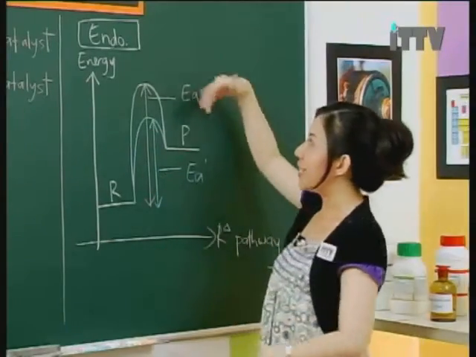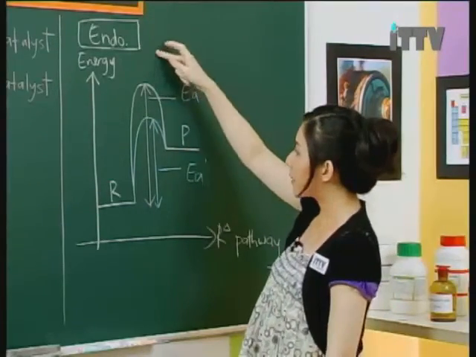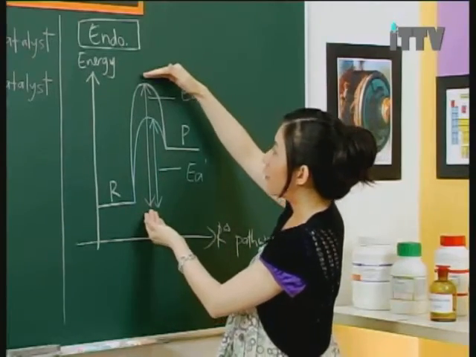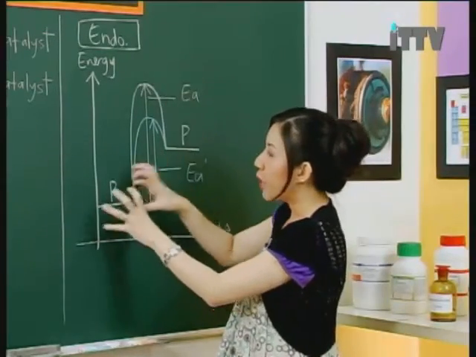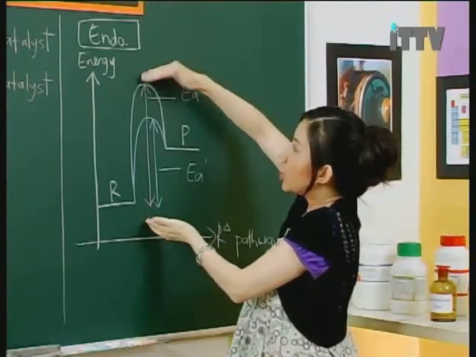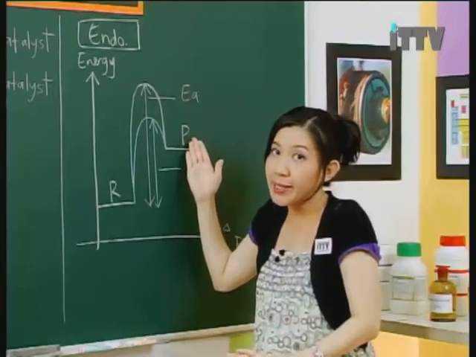As illustrated in this energy profile diagram for the endothermic reaction, without a catalyst, the activation energy level is so much. The reactant particles need to have so much activation energy before they become products, before a reaction takes place.